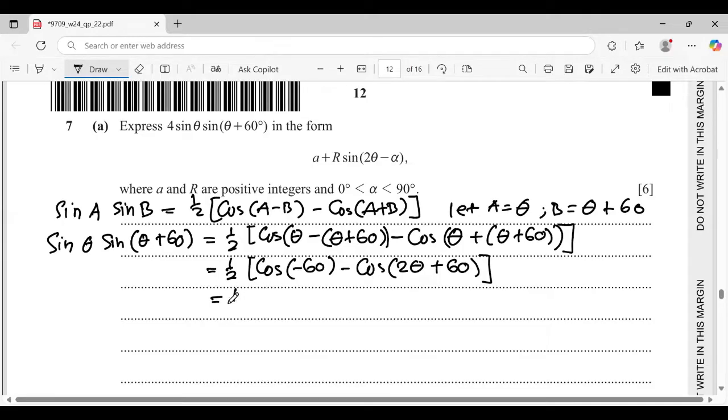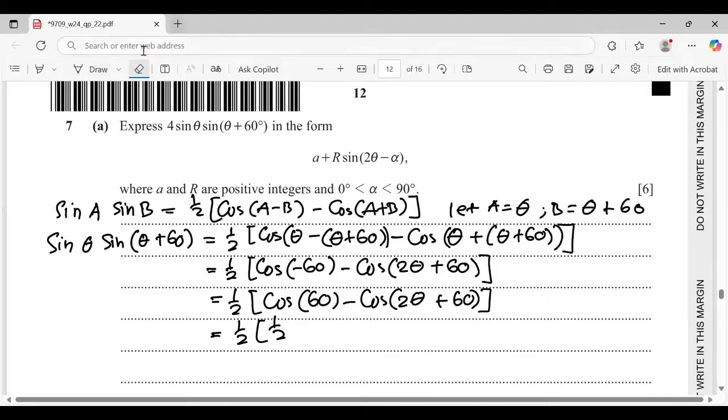Cosine minus 60 equals cosine 60 minus cosine 2 theta plus 60. Cosine 60 is 1/2 minus cosine 2 theta plus 60.